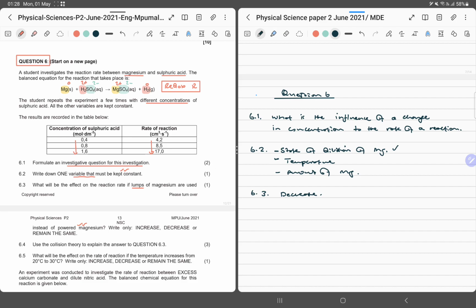Alright, it says use the collision theory to explain the answer in 6.3. Oh, doc, I'm tired of this question now. How long have we been using this collision theory now?